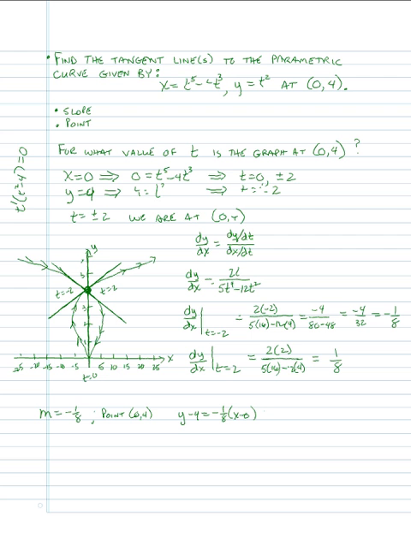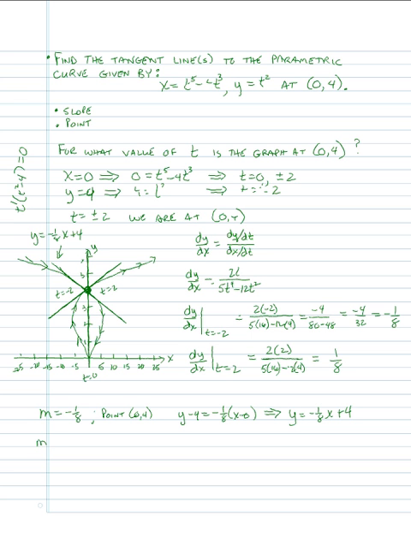And when we simplify that and rearrange it, we'll have y is equal to -1/8 x plus 4. Here is the tangent line that has the negative slope. So the equation of this tangent line is y equals -1/8 x plus 4.